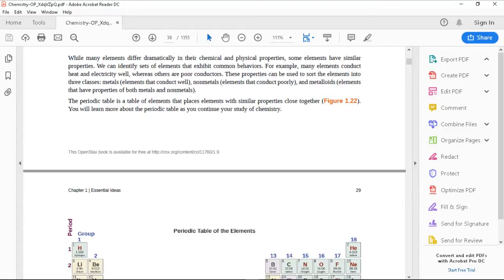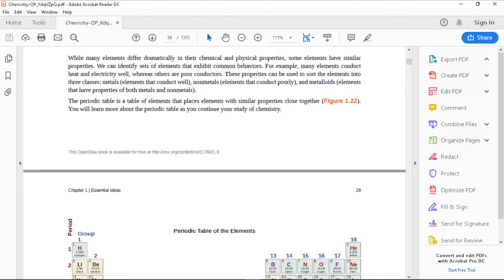While many elements differ dramatically in their chemical and physical properties, some elements have similar properties. We can identify sets of elements that exhibit common behaviors. For example, many elements conduct heat and electricity well, whereas others are poor conductors.